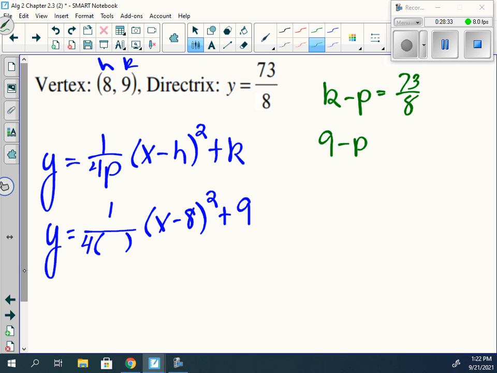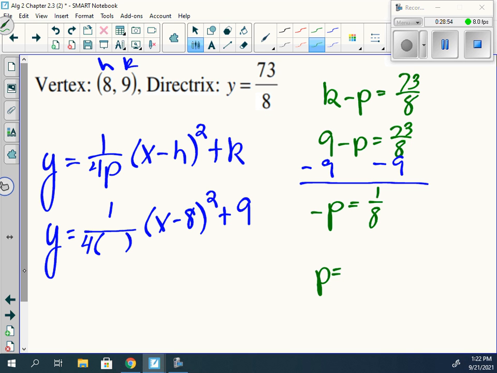So 9 minus p is equal to 73 eighths. And then we would subtract 9 from both sides, which tells me negative p is equal to, so negative p is equal to 1/8, yes? So what's positive p equal? Negative 1/8.